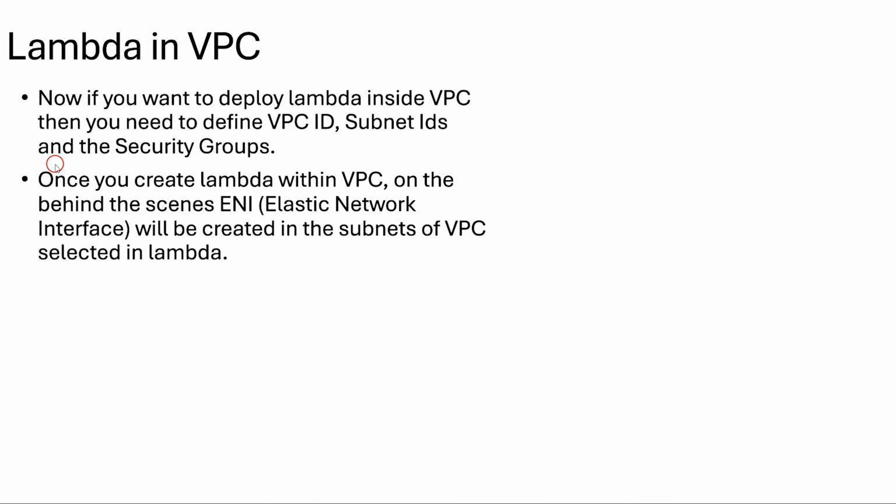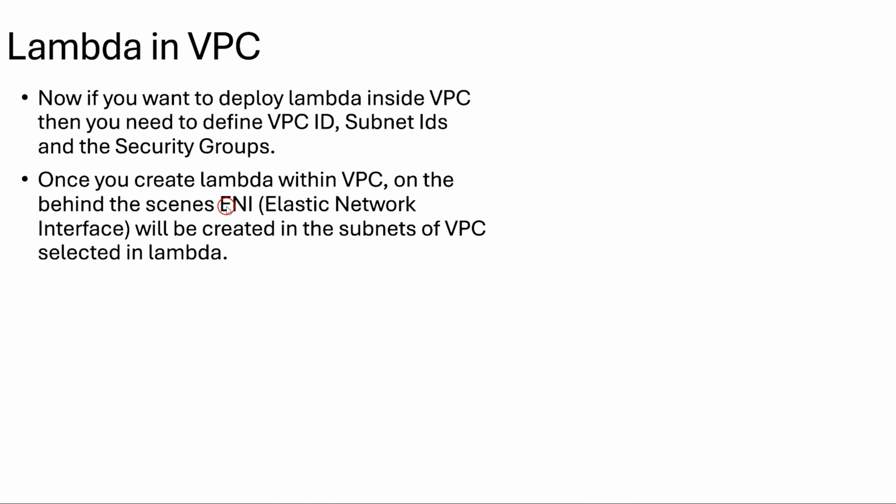Once you create a Lambda within a VPC, behind the scenes an ENI, Elastic Network Interface, will be created in the subnets of the VPC selected in Lambda. That means we created a Lambda and configured it to use a VPC by adding the VPC ID, subnets and security groups, and behind the scenes Lambda will create this Elastic Network Interface for us.